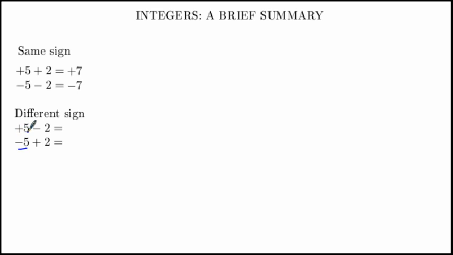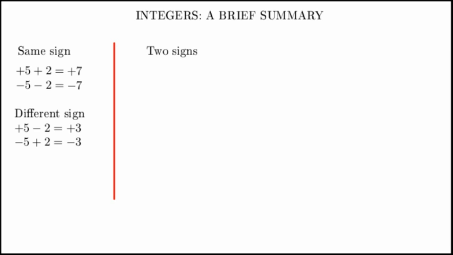For example, in that case, the bigger is 5, so here we have to add the sign plus, and subtract 5 minus 2 equals 3, but plus 3 in the first case, and minus 3 in the second case. So that's about sum and minus.